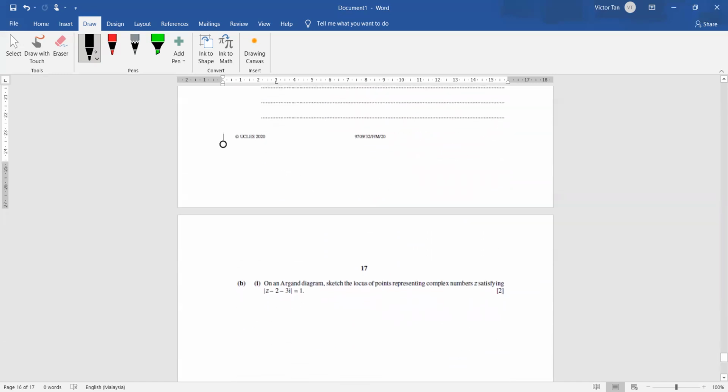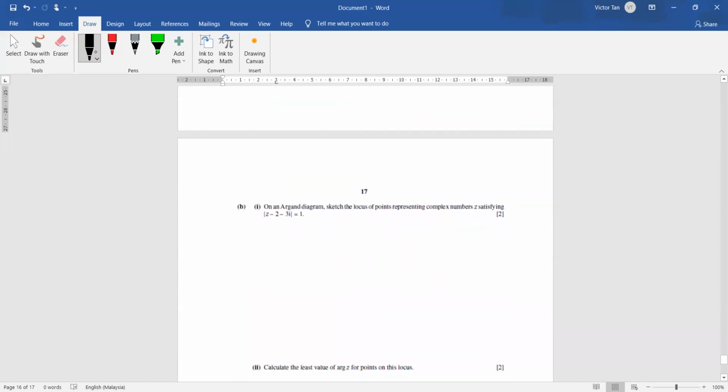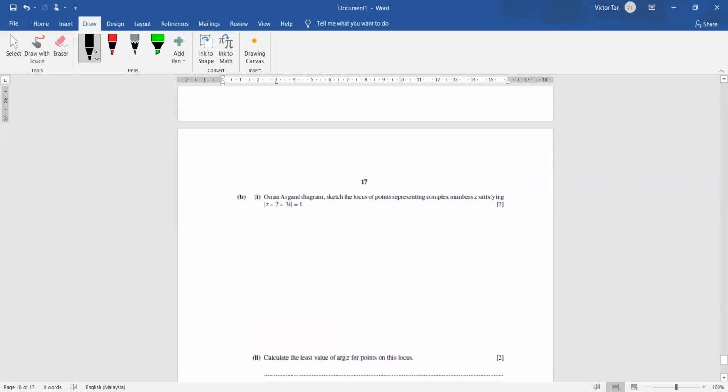On an Argand diagram, sketch the locus of the points representing complex numbers z satisfying modulus of z minus 2 plus 3i equals to 1. So this can be written as z minus (2 minus 3i). So this will be a circle with center 2 minus 3i, radius 1. Remember your circles.